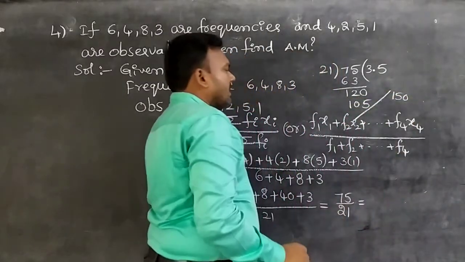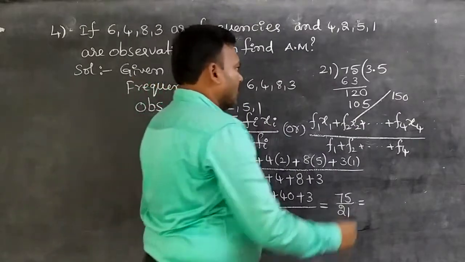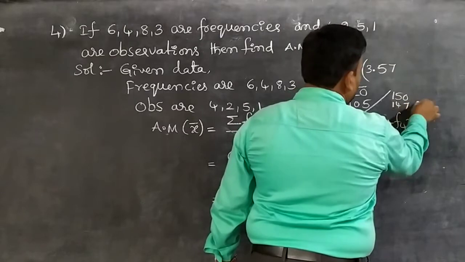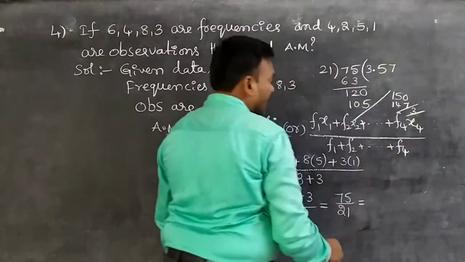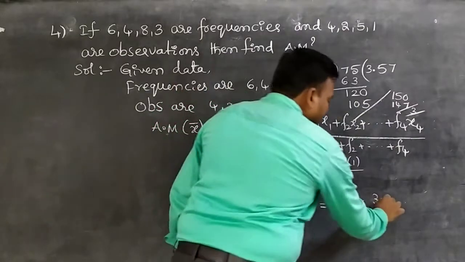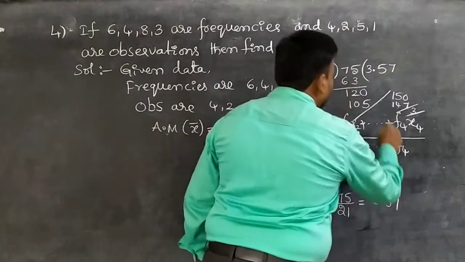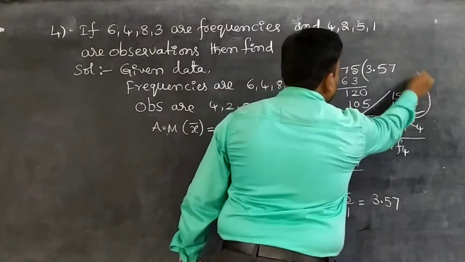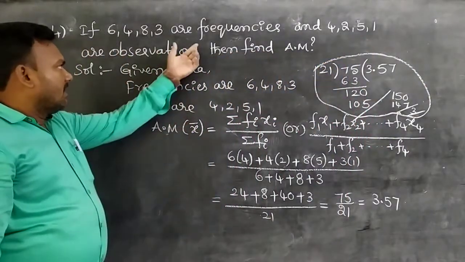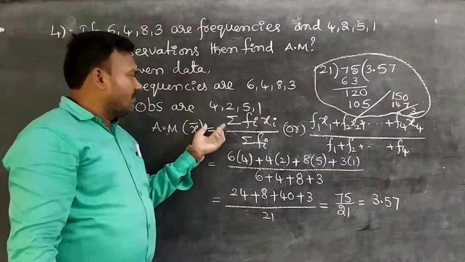Again take 7 times: 7 ones are 7, 7 twos are 14. Finally, you get 3. Taking two decimal places, that is 3.57. That is the arithmetic mean of the given data, students. This is the solution for this model.